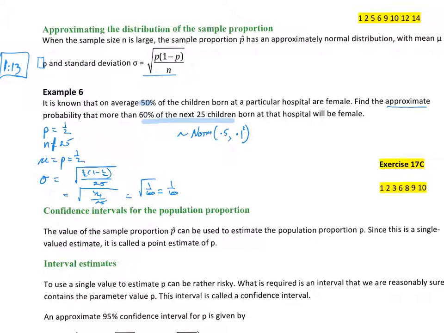The probability that more than 60% of the next 25 children are female means I need the probability that p hat is greater than 0.6, which is equal to normal CDF. Remember we go from 0.6 to 1, because you can't get a bigger proportion than 1, with a mean of 0.5 and a standard deviation of 0.1.